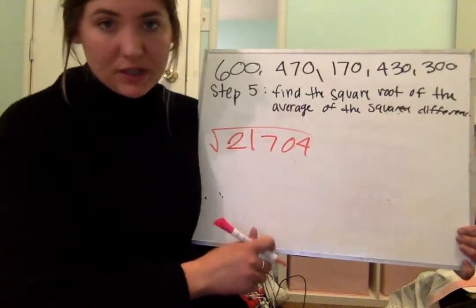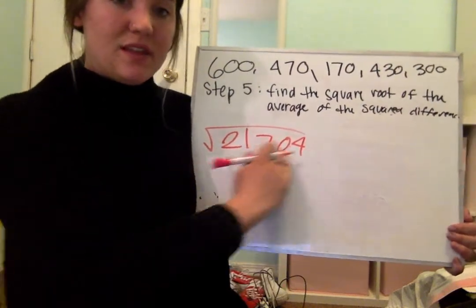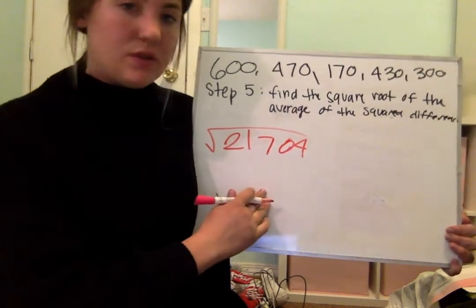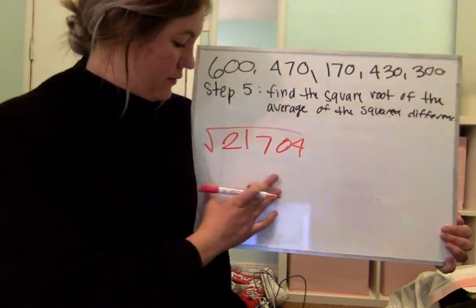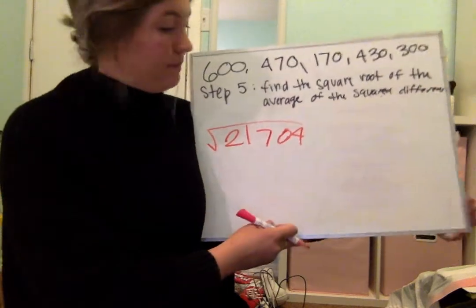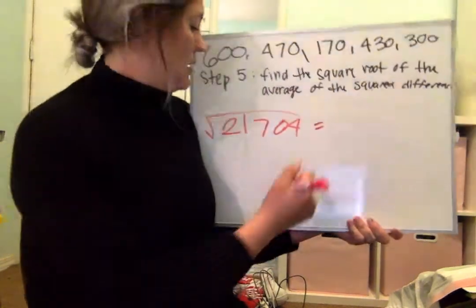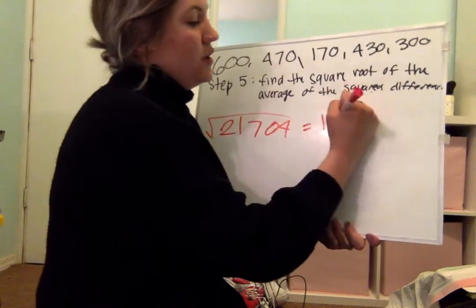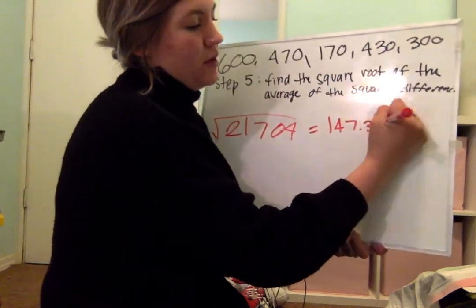The square root just means finding the number that multiplied by itself gives this number. The square root of 21,704 is 147.32.